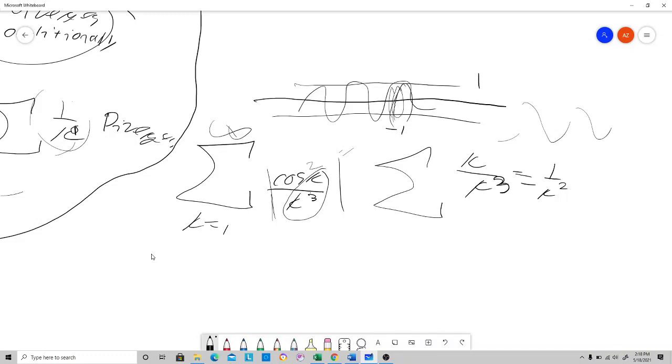From what we can see here, this series, being greater than one with the p-test, is going to converge. So it converges.